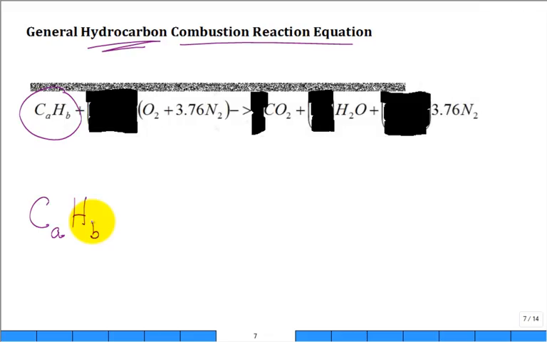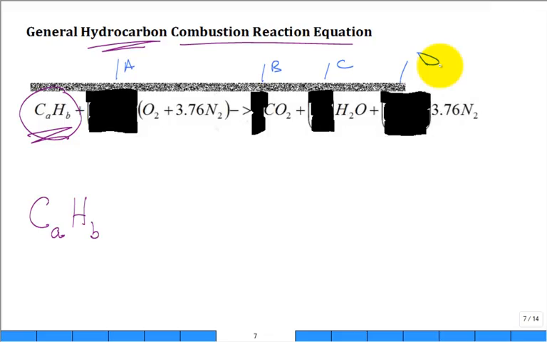It's general. So if you had this general hydrocarbon fuel, give me the general balanced reaction equation. Which of these would you first be able to determine? This one, this one, this one, or this one?